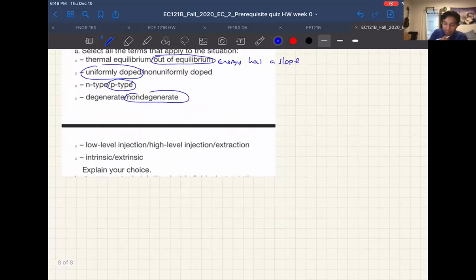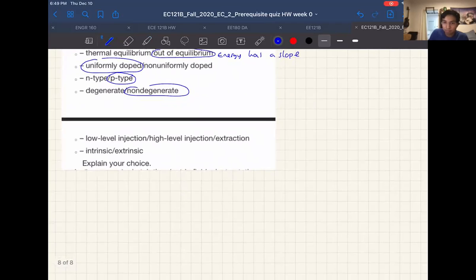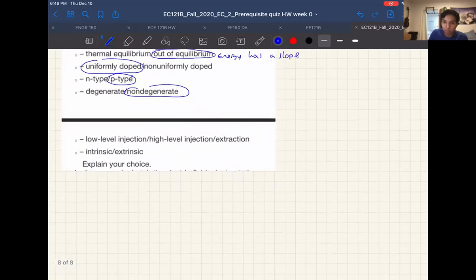I don't think you guys should worry too much about this, but just for the sake of saying it, do you guys know what low level injection versus high level injection is? I recently got called on that in my 121B class, and I was on my phone, unfortunately, and I could not answer.